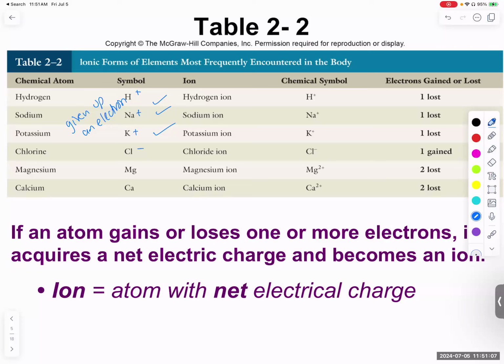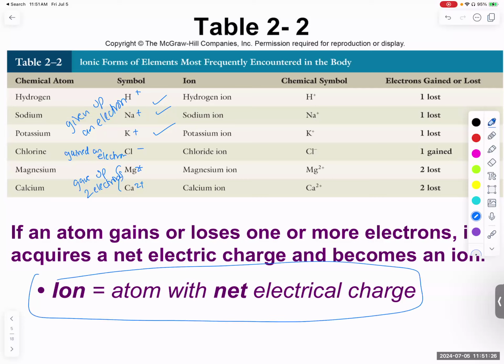Chloride is going to be a minus, so it gained an electron. And then magnesium and calcium gave up 2 electrons. And so they become ions.